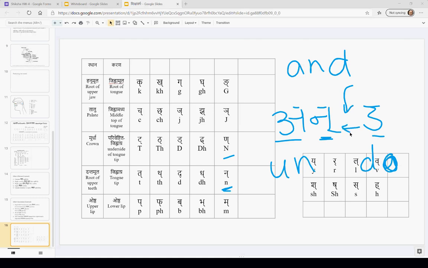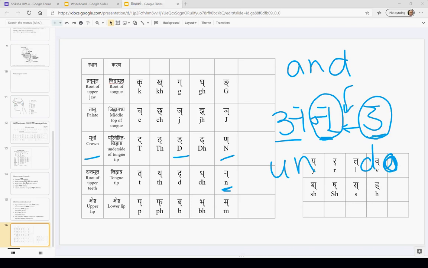But if there is a lot of pause between them, then we can still pronounce it separately. If they are pronounced closely without a gap, then this na changes to the position of da, which is this, and it becomes nasal also. So we are changing the position to this, and da.